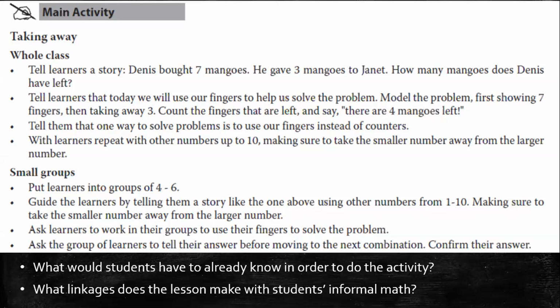In other words, what are things that children might do or be thinking about outside of school that any part of this lesson builds on?